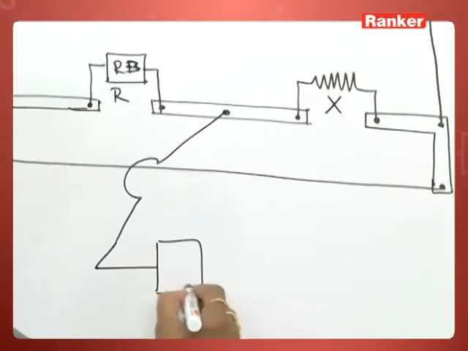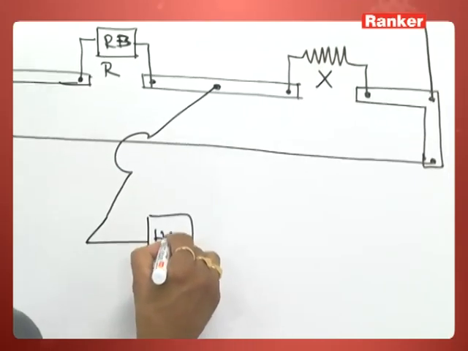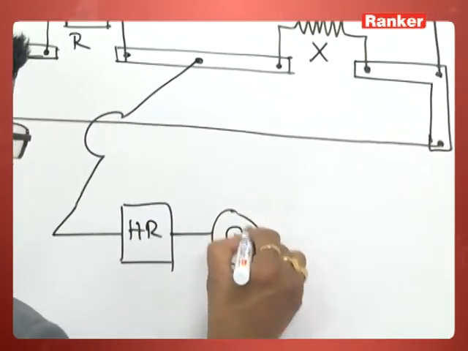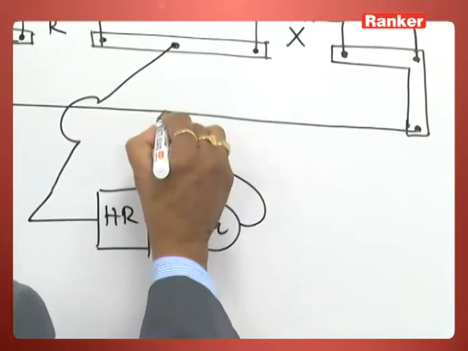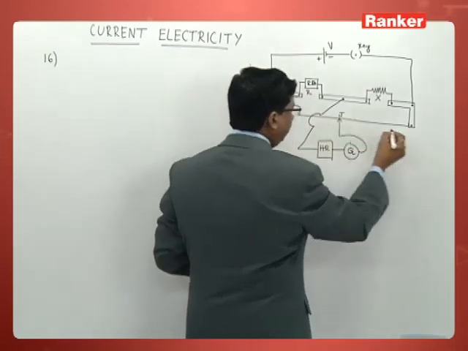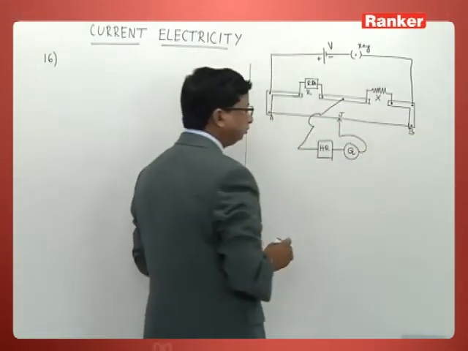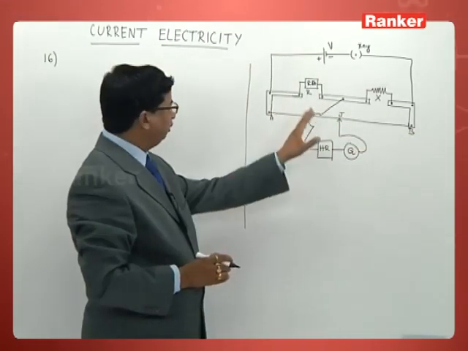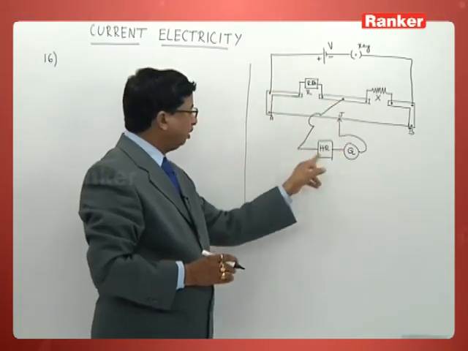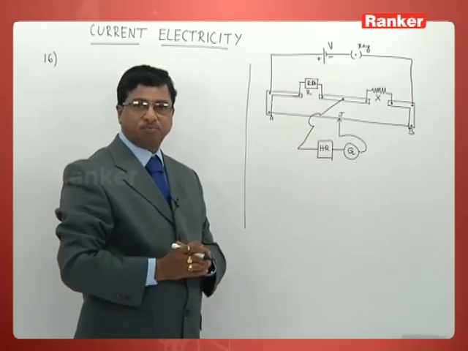That wire is connected to a high resistance, which is then connected to a galvanometer, and thereby to a jockey like this. And in this particular circuit, this portion is called the secondary circuit.